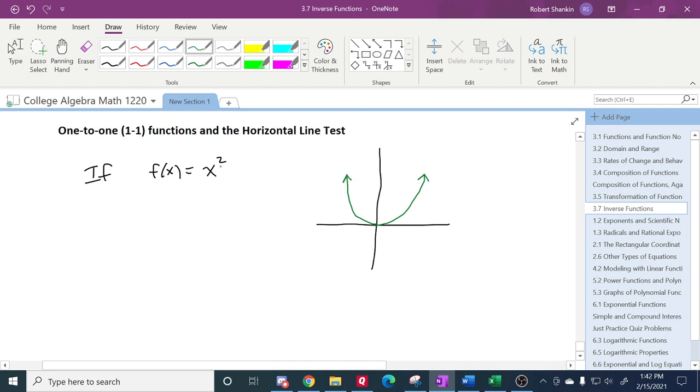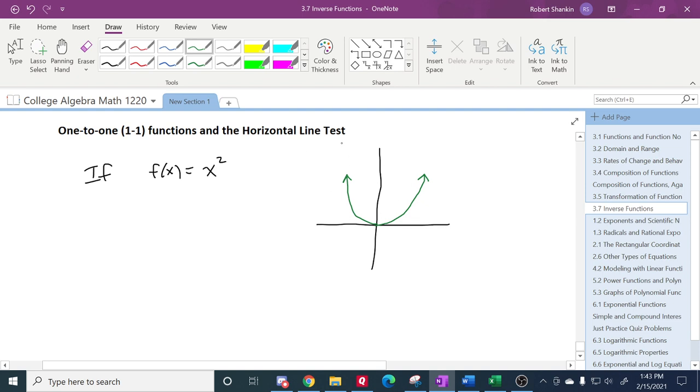Now, this is a function because it passes the vertical line test. But it is not a one-to-one function because it doesn't pass the horizontal line test. Horizontal line test means any horizontal line should hit the graph only once, because the vertical line test says a vertical line can only hit the graph once. Horizontal line test is talking about the same kind of thing but with horizontal.